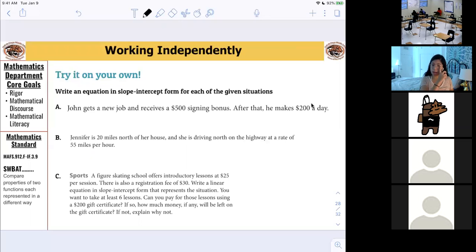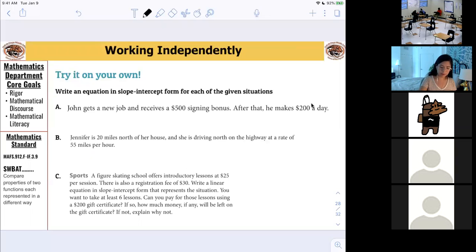Good. Now, in this case, it didn't have the key words, but think about it this way. If I make $200 a day, that's the same thing as making $200 per day, or $200 each day, or $200 every day. So don't get thrown off if you didn't see the keywords, because you always want to look for synonyms as well. All right, so that was my slope.